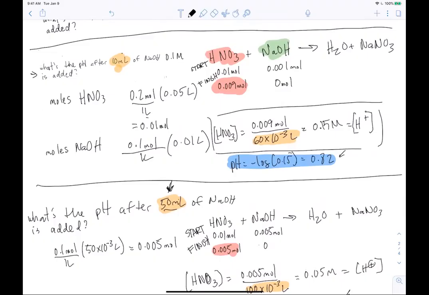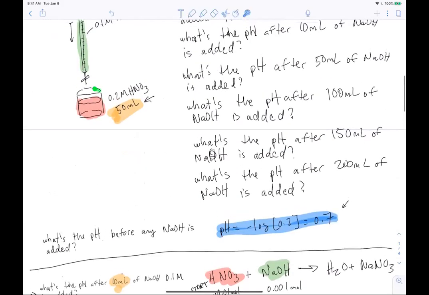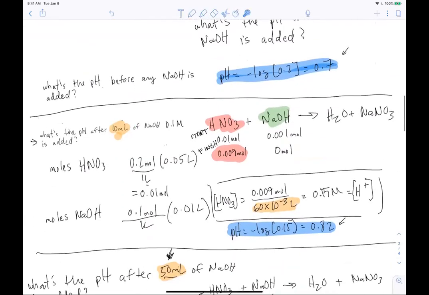Uh-huh. So which part of this are you asking about? Here we're just calculating the number of moles of nitric acid that we started with. That's the number originally in the flask here. And the number at the 10 milliliters here is the moles of sodium hydroxide that you've added.